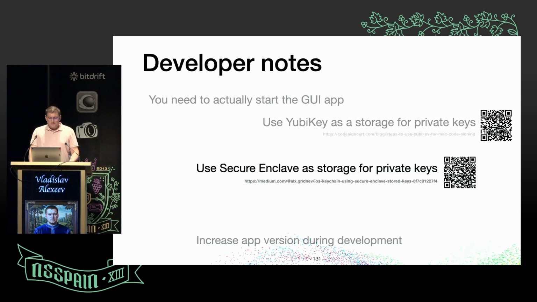And yeah, there's a good article about it on this QR code on the link. And you can do a similar thing using secure enclave. But in this scenario, you will need to code something in Swift at the Core Foundation level.